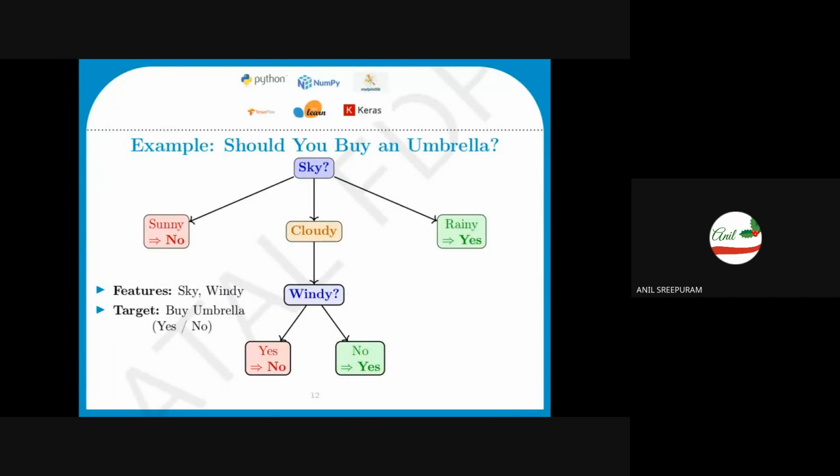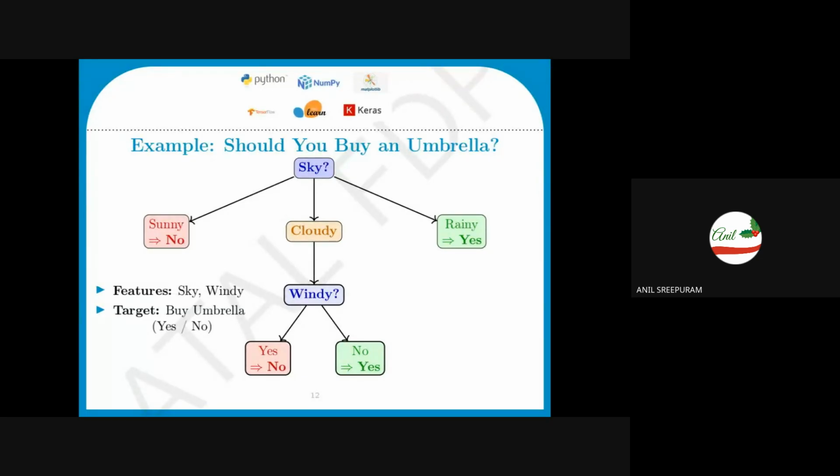Suppose I'm going for a journey, and based on the atmosphere, the climate, whether I should take an umbrella. That is the category that we need. Buy an umbrella is one category, don't buy is the second category. We only have two classifications.